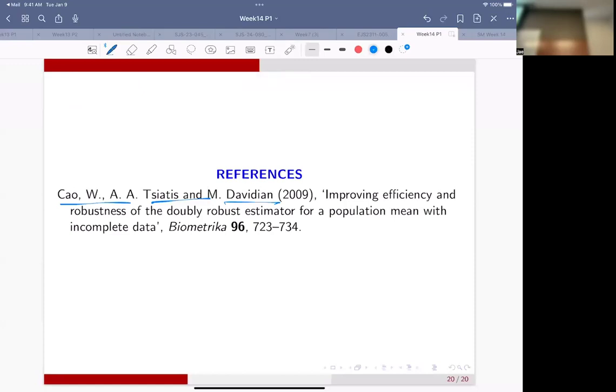They are both professors at North Carolina State University. Tsiatis is stronger in theory, and Marie Davidian is very good at methodology and application. So they had a good collaboration throughout their professional career.